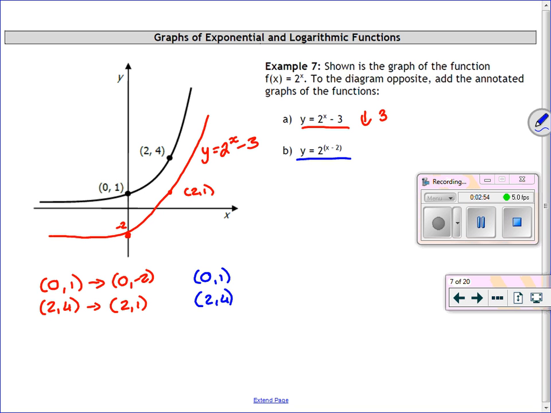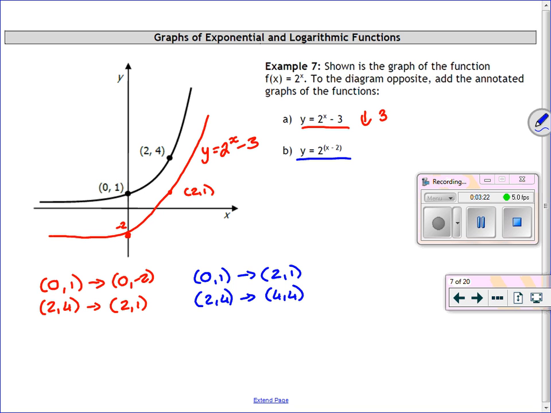When we have a number inside the bracket, it affects the x and does the opposite. Y stays the same. So instead of taking away 2 from the x values, we're going to add 2 to the x values. So that means that 0, 1 becomes 2, 1, and 2, 4 becomes 4, 4.